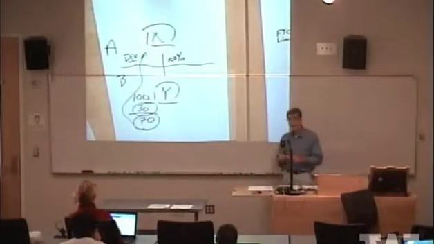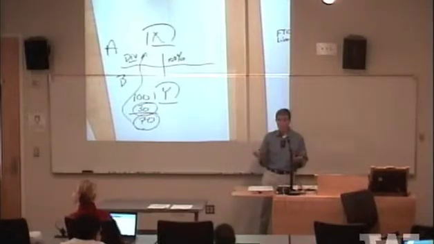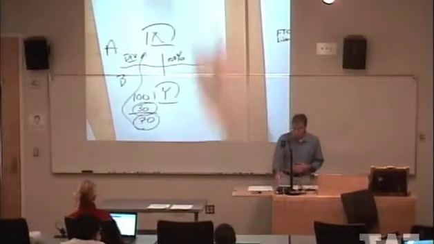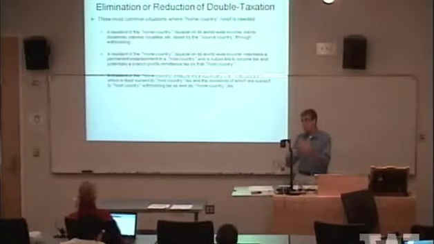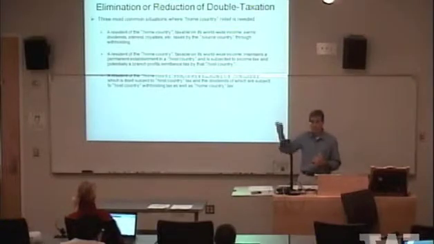X has economically borne the 30 of tax, but X is not the legal taxpayer. So that's the third item that we're talking about there. So we see some sort of relief from double taxation with those common three items.